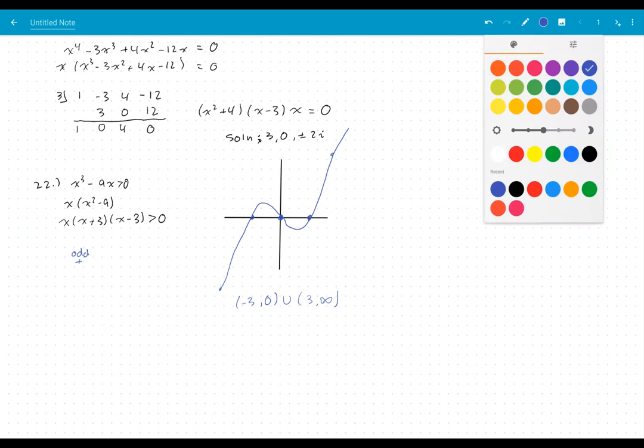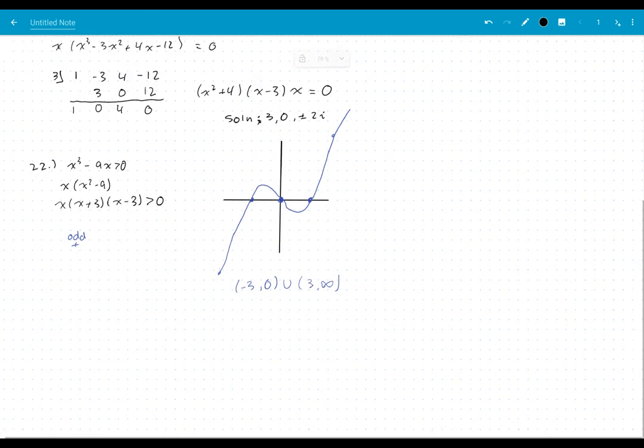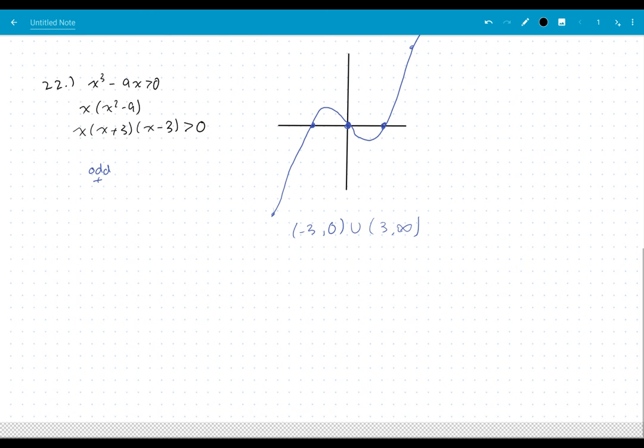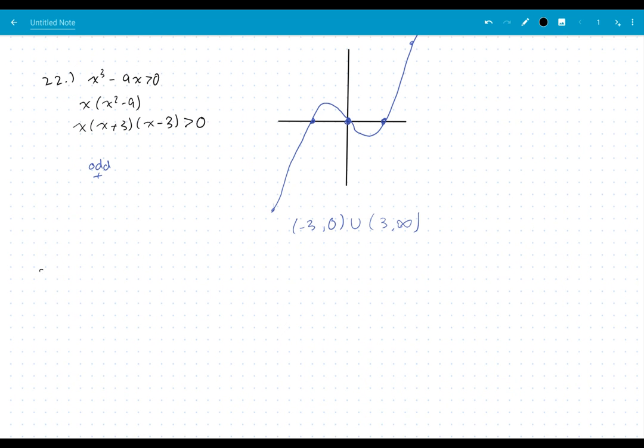All right, now we can do number 23. Number 23, we have 0 is greater than 4x cubed plus 8x squared minus x minus 2. All right.